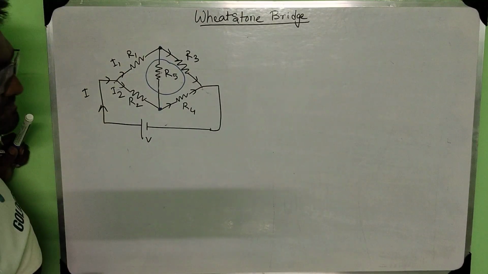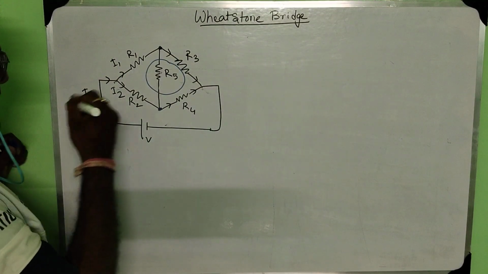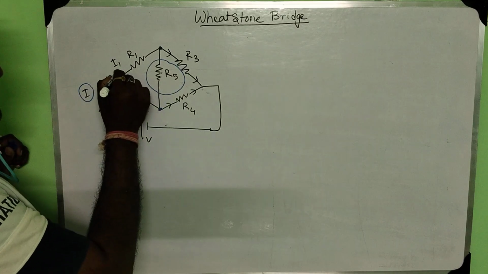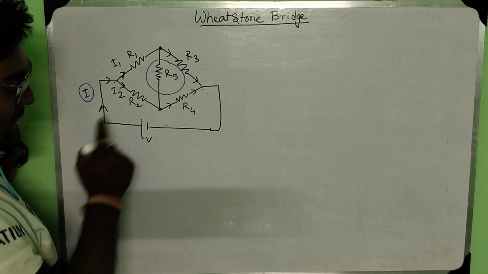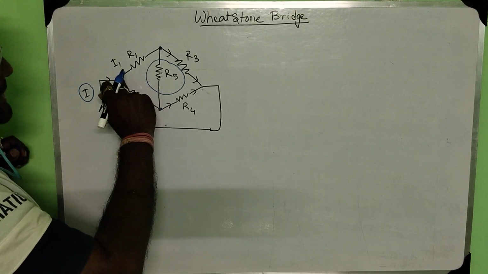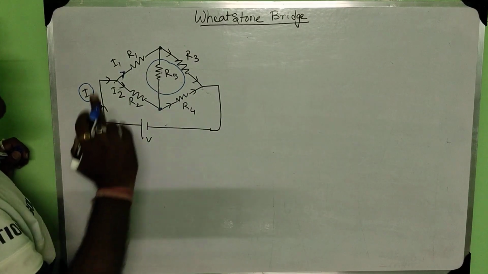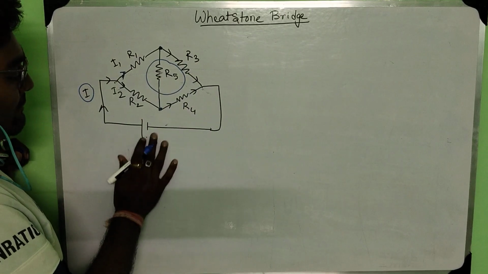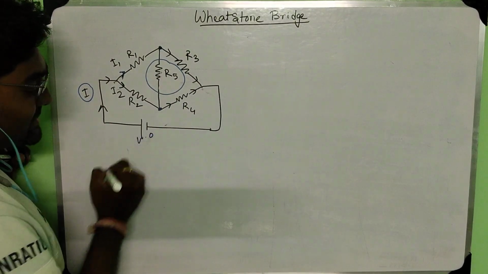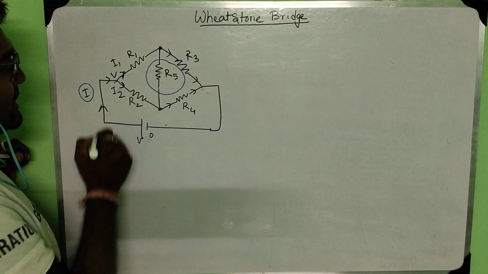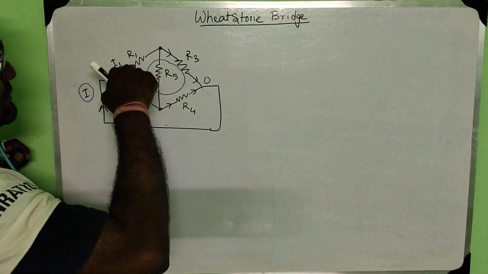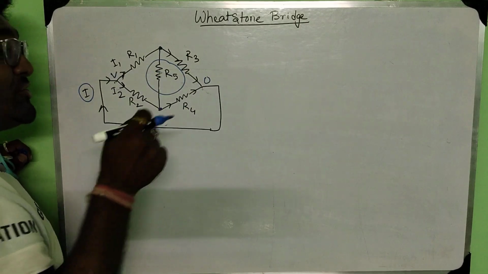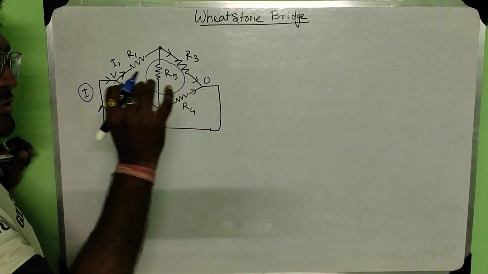This is the circuit. Current I is flowing, and there is a current division into I1 and I2. Now, when the current is passing through this resistor, there is a potential drop. If this is V and this is 0, then here there is V and there is 0. As the current is flowing in this resistor, there is a potential drop, and we don't know how much it is.